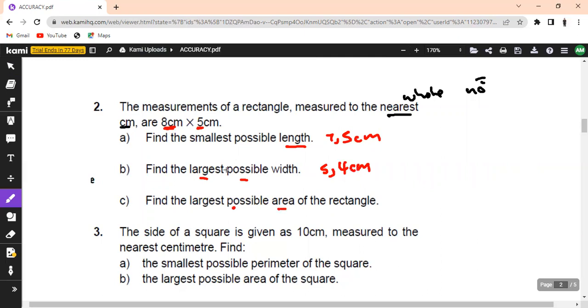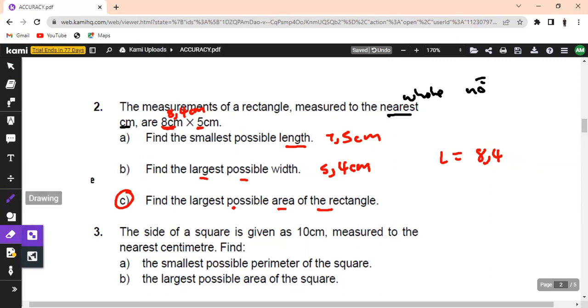Then the largest possible area of the rectangle. For the largest possible area, we are going to use the largest possible length, which we take from 8 now. So this one is going to give us 8.4 centimeters, the largest length.